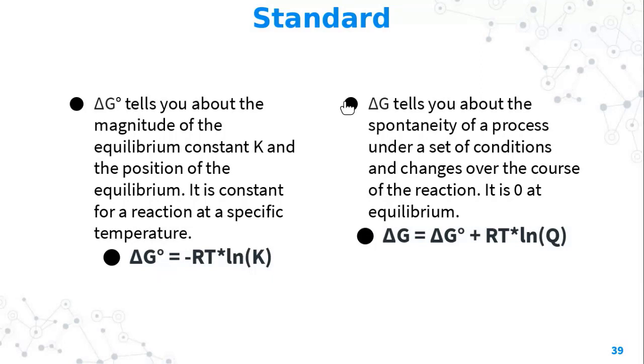And then on the other hand, if you have a set of conditions that are not standard, then you can use delta G, with no degree sign right there. That tells you the spontaneity of a process over the course of a reaction, and it'll be 0 at equilibrium.